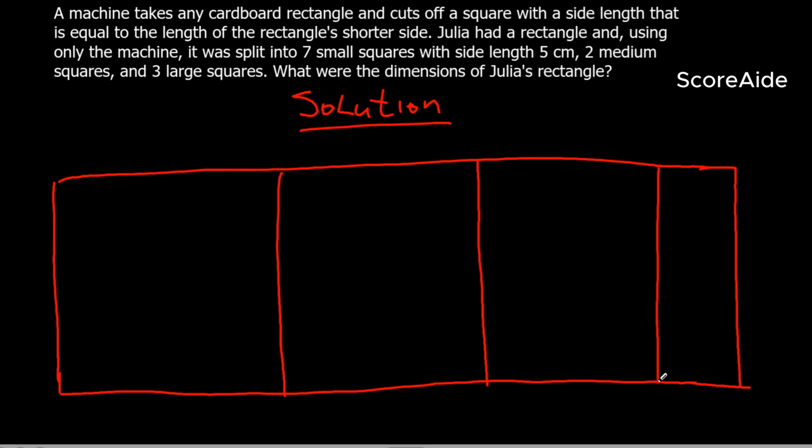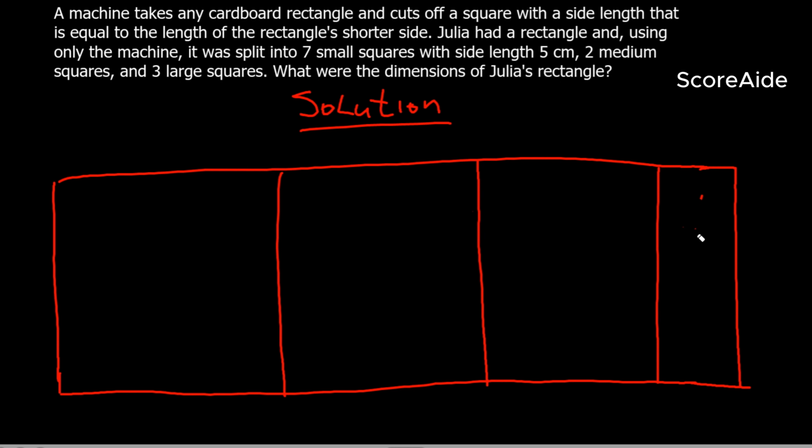It could only cut out 3 big squares. But then you see that this third piece right here is a rectangle. It's not a square, so it cannot form a big square.